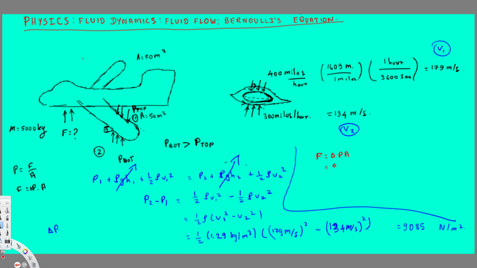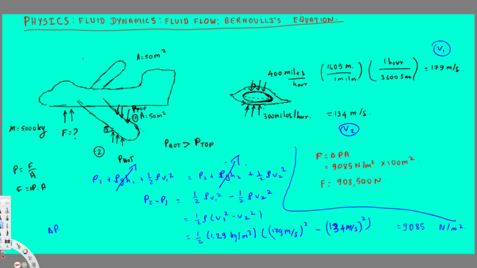Delta P is 9085 Newton per meter square, and we know the area of one wing is 50 meters square. When we add two wings together, that's going to be 100 meters square. So meter square cancels, and we will be left with 908,500 Newton, and that is the force that's going to be acting on the bottom.